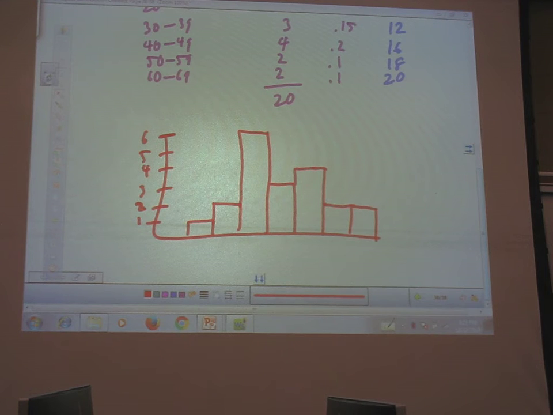So now I need to label them. I don't have boundaries. If you want to find the boundaries, you can totally find the boundaries, but since I didn't ask you to find the boundaries, you can just do it this way. My first group is 0 to 9. Next group is 10 to 19. Are you guys with me on this one? The last one is 60 to 69.